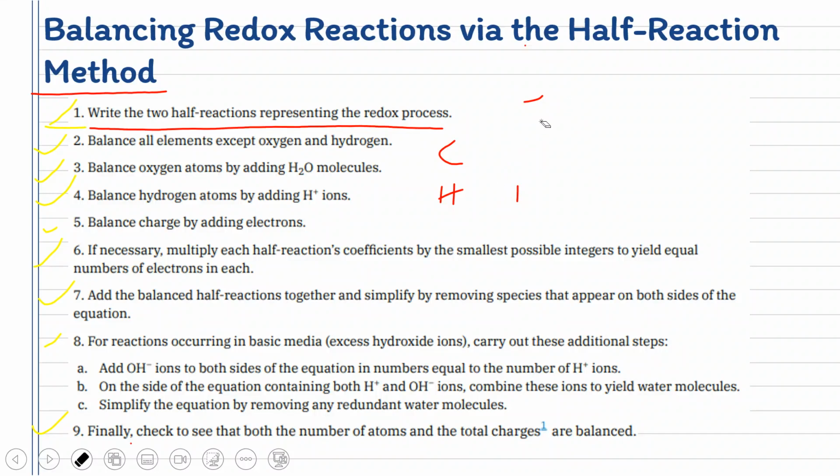I'm going to use this little space I have here. So we're trying to remind ourselves how to write a half reaction, for anybody who forgot. Let's say I have a reaction: Na in solid form plus Cl2 in gaseous form.